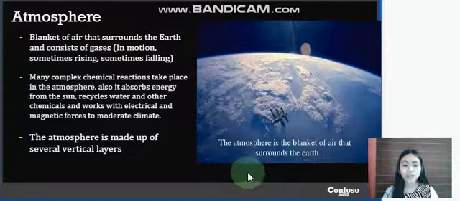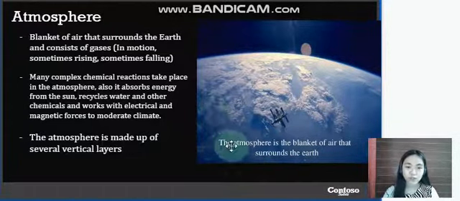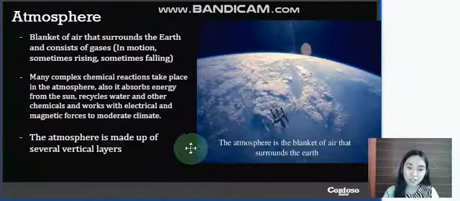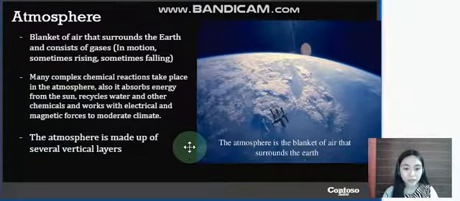So many complex chemical reactions take place in the atmosphere. It absorbs energy from the sun, recycles water and other chemicals, and works with electrical magnetic forces so that it can also moderate our planet.